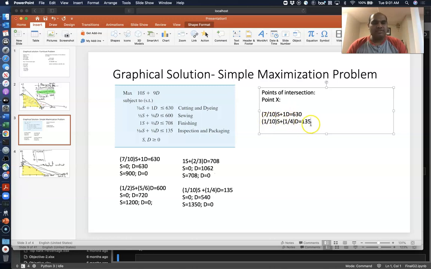To make the coefficient of S the same, we'd multiply this whole equation by 7 and then subtract. To make the coefficient of D the same, we multiply the second equation by 4 and then subtract. So let's get rid of the S. I'm going to multiply this whole equation by 7 and subtract, however you want to look at it. Fine. That is what I'm going to do.